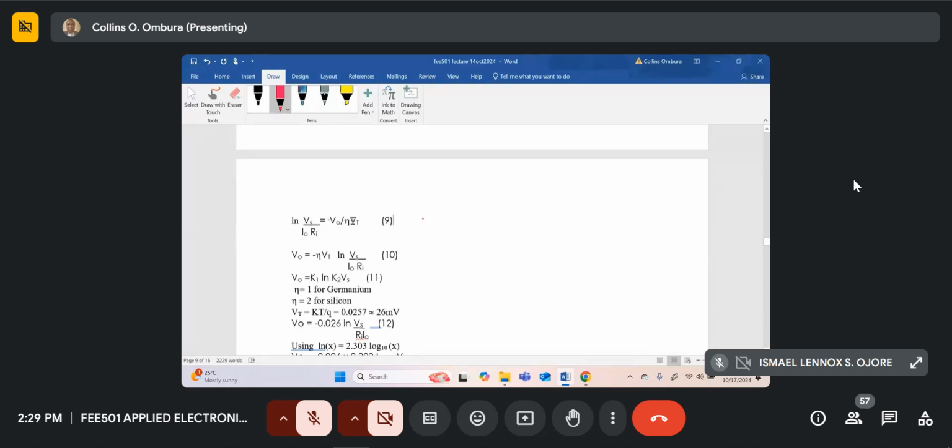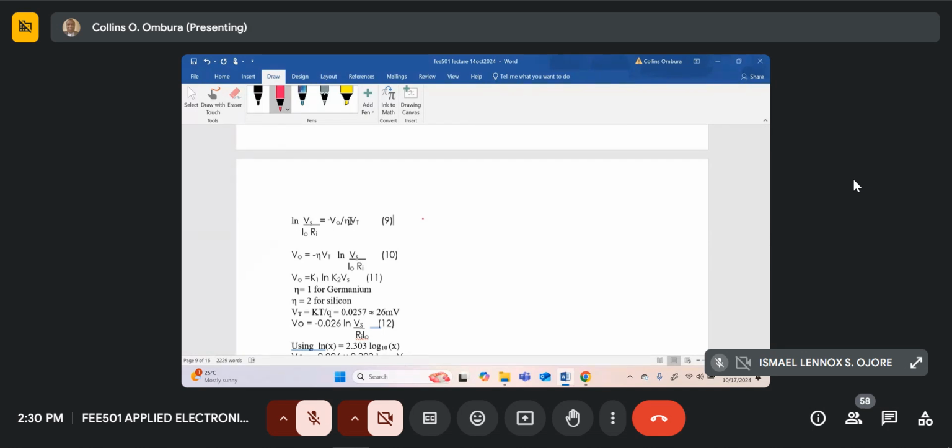Okay, let's rearrange 9. Make V naught the subject. Let's take V naught to the left-hand side and multiply left-hand side, right-hand side of equation 9 by neta Vt, and make V naught the subject.